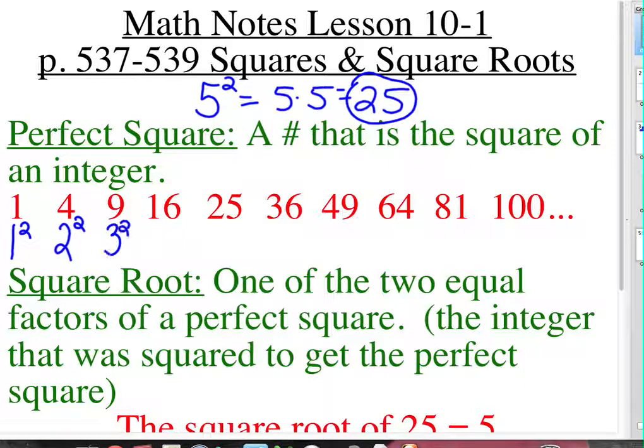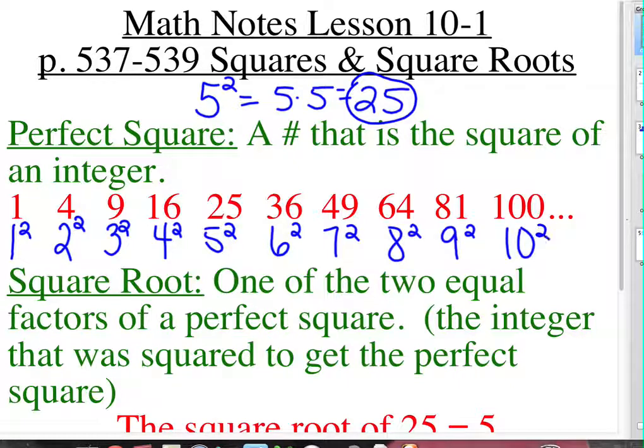This one is 3 to the second power, 4 to the second power, and so on and so forth. These are the first 10 perfect squares. So the perfect squares are 1, 4, 9, 16, 25, 36, 49, 64, 81, 100.